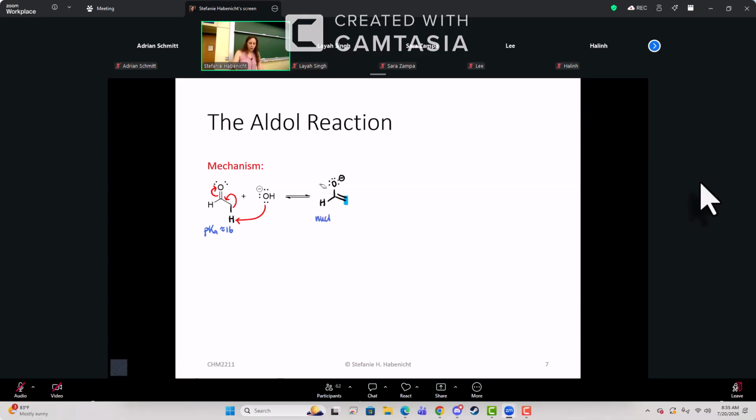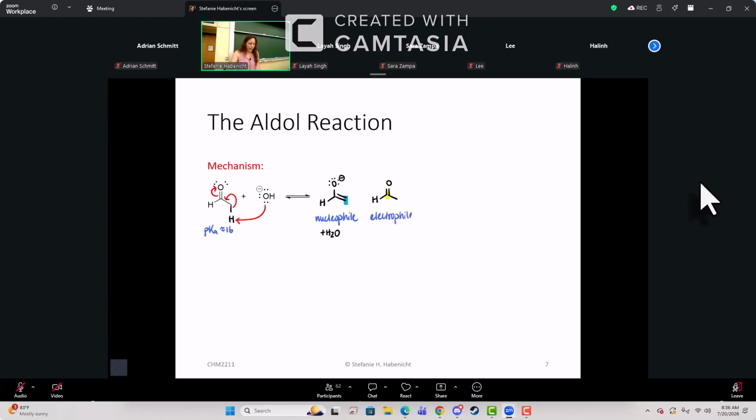So there's our nucleophile. There's our electron donor, and protonation of hydroxide, of course, gives water. What is the electrophile? Acetaldehyde itself. That's an electrophile. The carbonyl carbon is the electrophilic site.